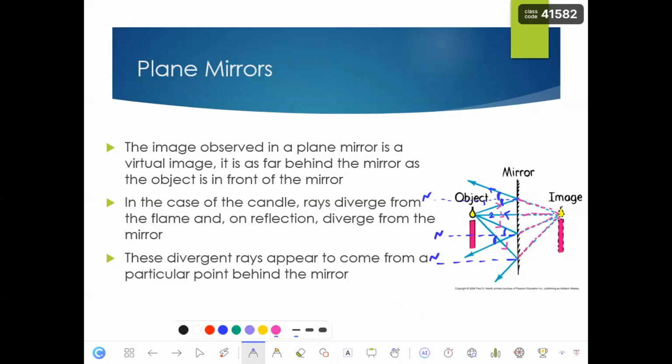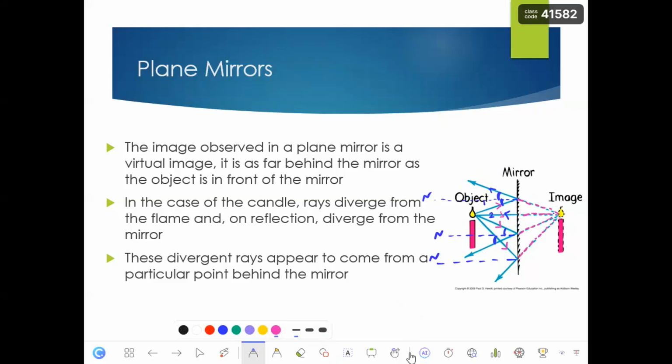That's how my image will be created. Good? So the reason that we use the candle example is because it's a kind of visible source of light. So how is the image created in the plane mirror?